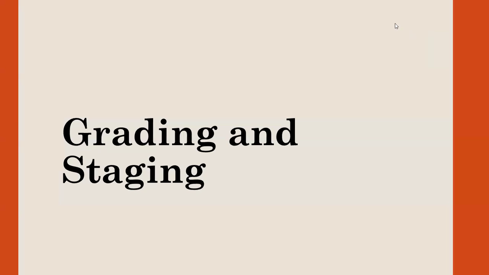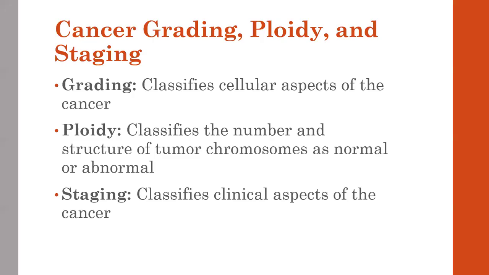Okay, now looking at how do we tell how bad cancer is? This is where we get into grading and staging, and that's where we tell exactly how severe the cancer is. Grading and staging mean two different things. Grading is we are looking at the cellular aspects of the cancer. We're looking at how dedifferentiated it is, how anaplastic the cell is.